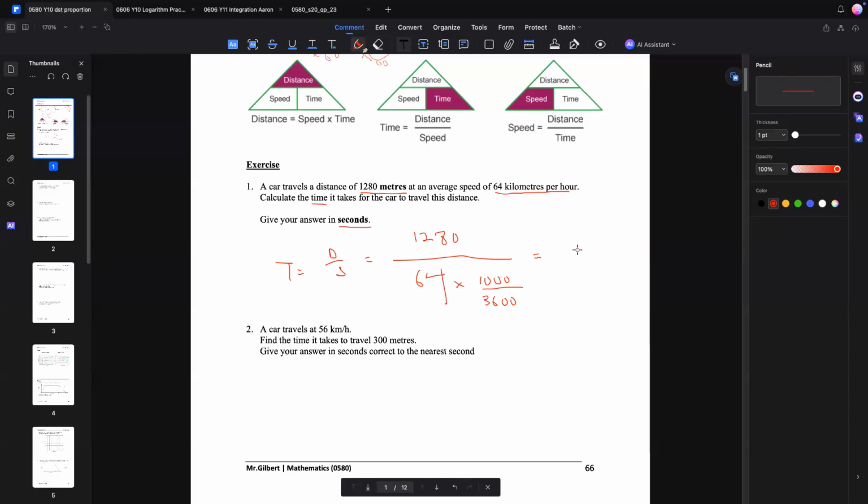No, it's not 5.5. Yes, 72. Did everyone get 72?